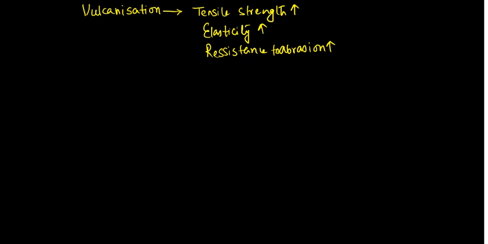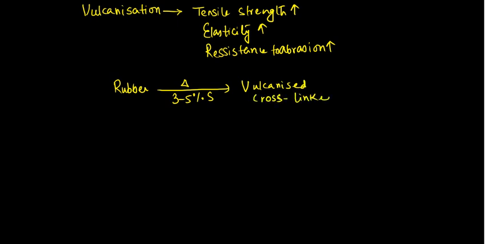Now, how does this vulcanization process happen? So, natural rubber is generally heated with 3 to 5% sulfur, and we get vulcanized, cross-linked rubber. So, this is a synthetic polymer that we talked about before.